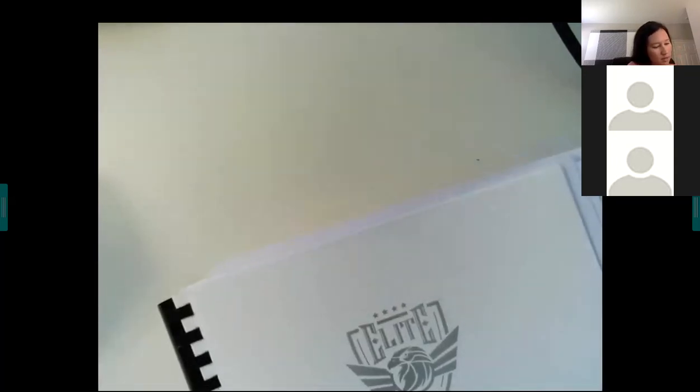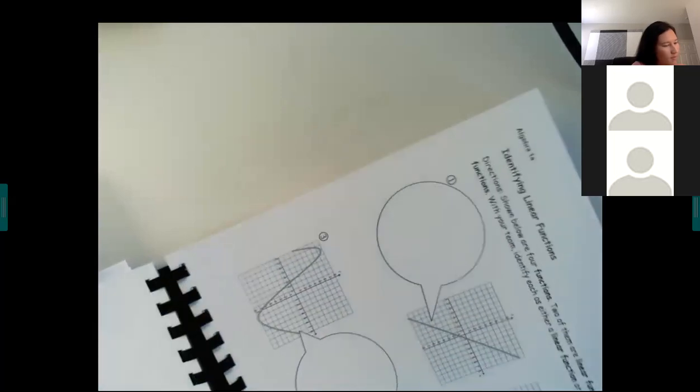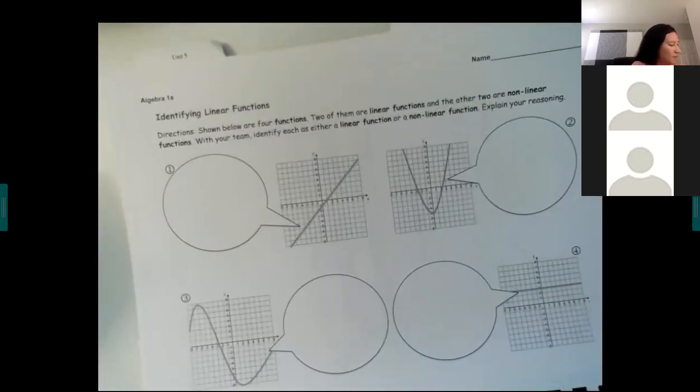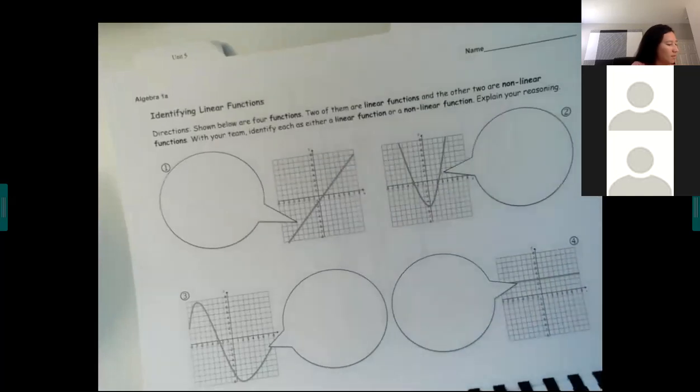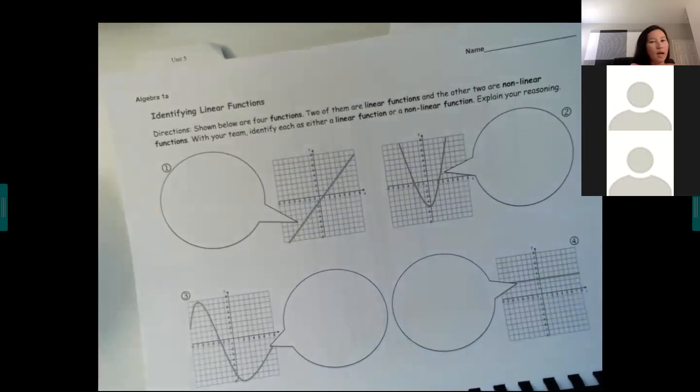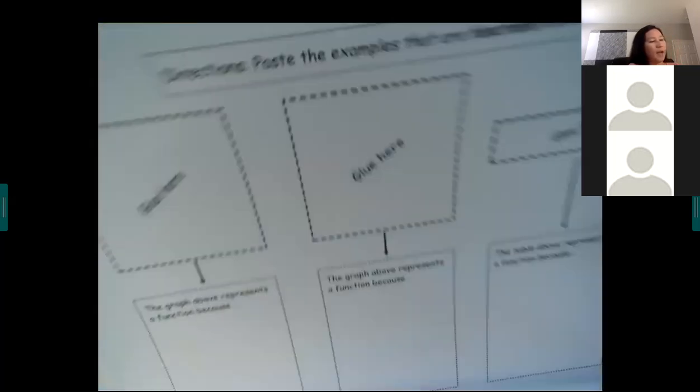So let's go back to our packet. And if you can find the page, it's just a couple pages after the cutting and pasting one.